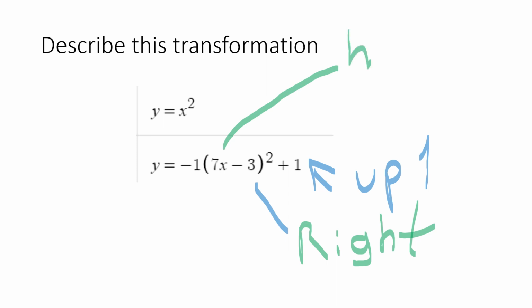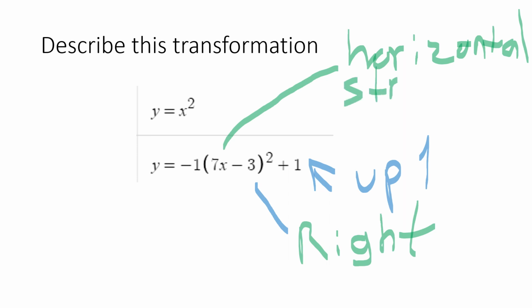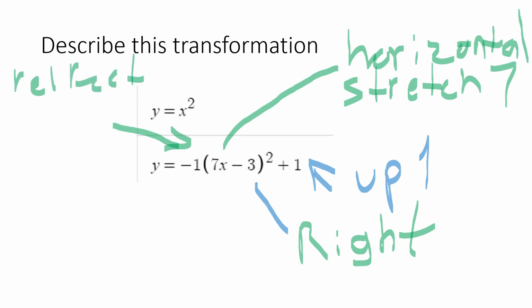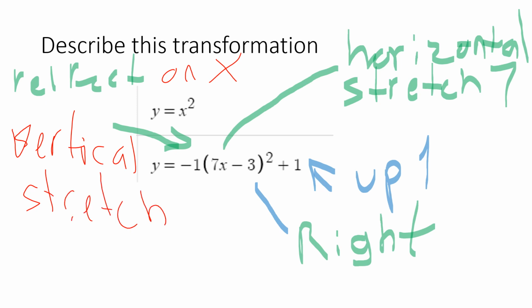You could say horizontal stretch by 7 and reflects on x, but vertical stretch by 1.